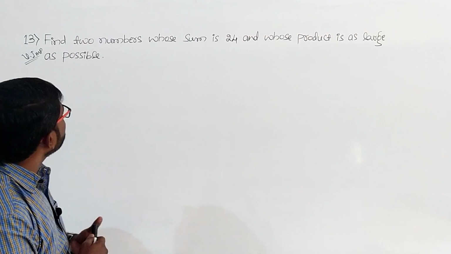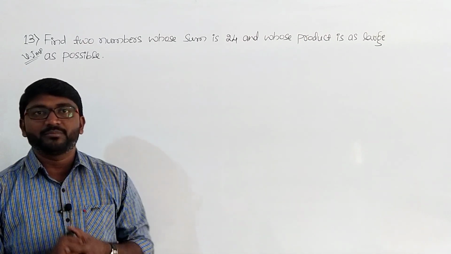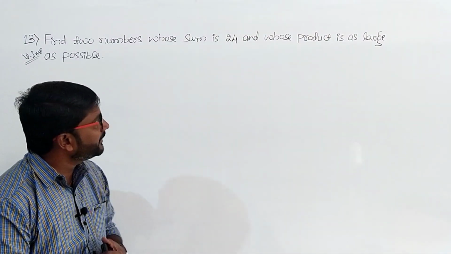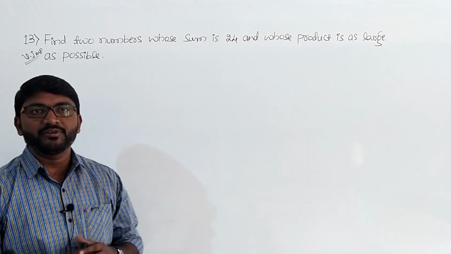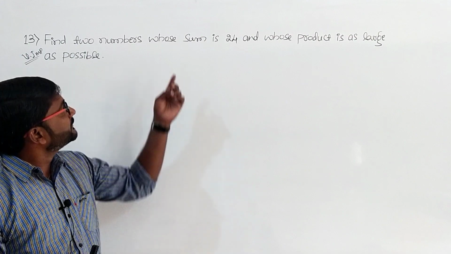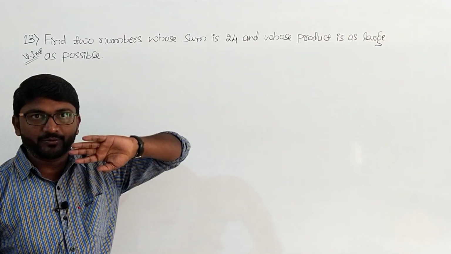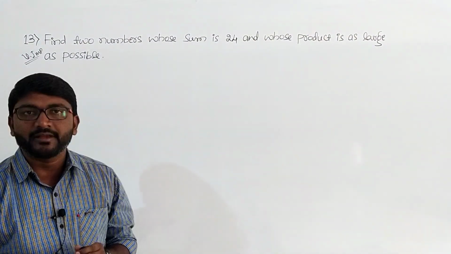So here the 13th question is, find two numbers whose sum is 24 and whose product is as large as possible. So we have to find the two numbers such that their sum is 24 and their product is as large as possible.